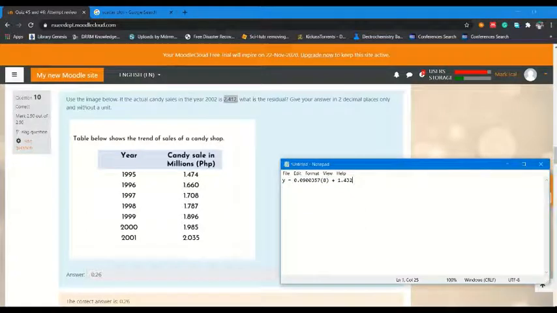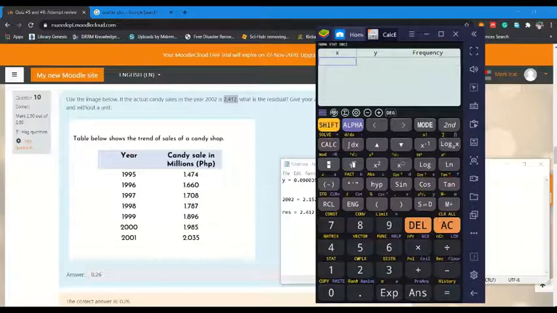Ilan nga nakuha natin kanina? Di ba? Ang nakuha natin sa 2002, prediction natin, is 2.152. Tama? Okay? So, ibig sabihin, ang residual natin is equivalent to 2.412 minus 2.152. And that is equivalent to, ayan, bugo na naman ako.